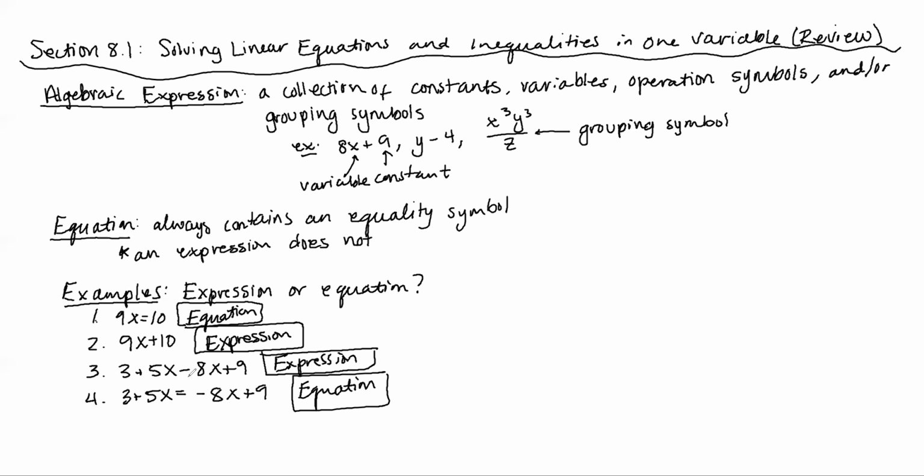Okay, now let's look at a couple of review problems of solving equations. And we've seen plenty of these already, so these should hopefully not be too bad. All right, so number one, we'll just do two of these.